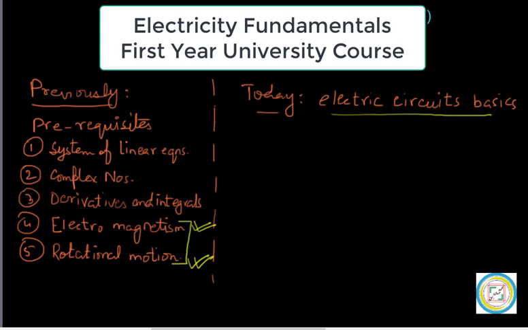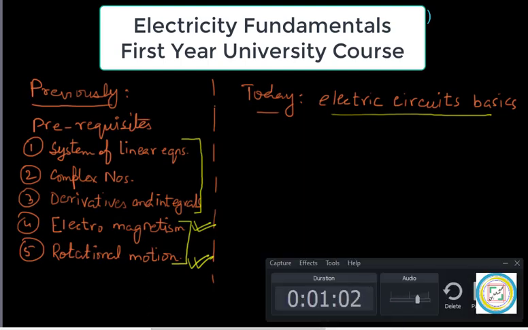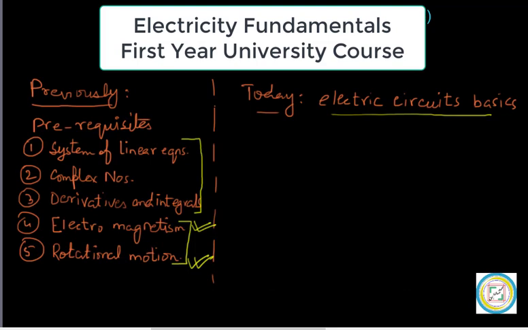Previously, in lecture number one, we covered system of linear equations, complex numbers, and derivatives and integrals. These were the prerequisites that we would be using a lot in this course. Similarly, in lecture two, we covered electromagnetism and rotational motion. Today, we are going to formally start with the basic concepts of electric circuits.